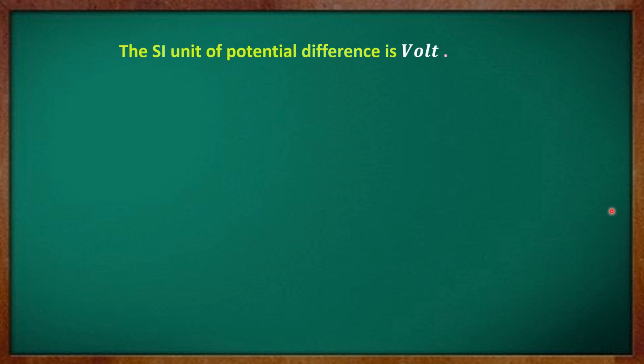Okay, so here 1 volt equal to 1 joule by 1 coulomb. That means if the electric force does a work of 1 joule in carrying 1 coulomb charge from one point to another point, then the potential difference between those 2 points is said to be 1 volt.